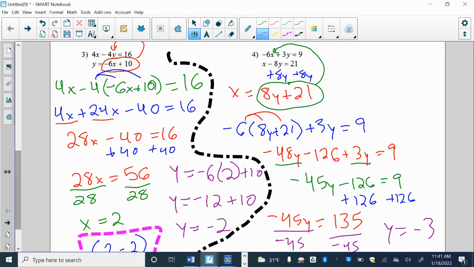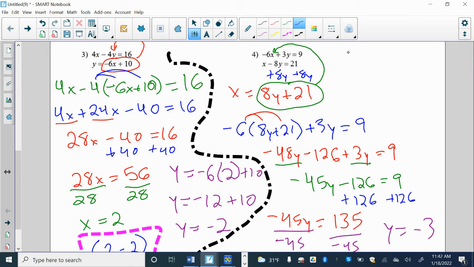So we got y equals negative 3. Remember, in terms of finding x, the easiest place to go would be something already solved for x. So we already rearranged this equation to make it x equals 8y plus 21. So let's take negative 3 and put that in for y into that equation.